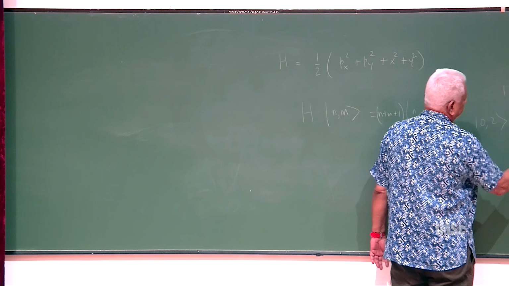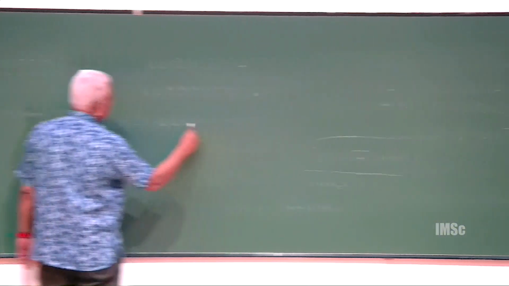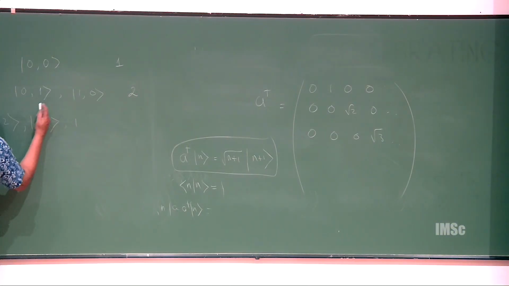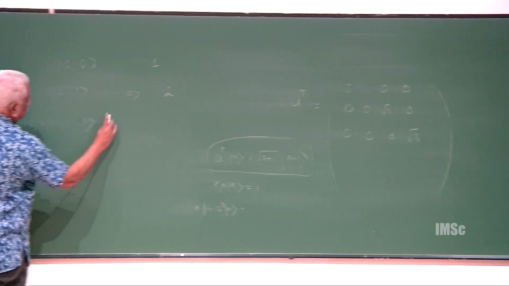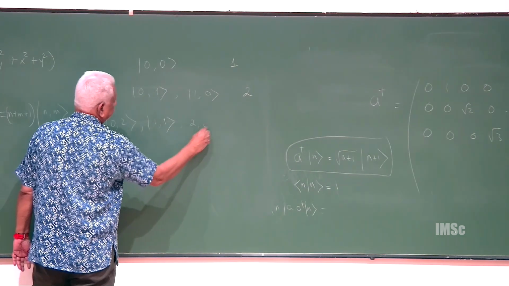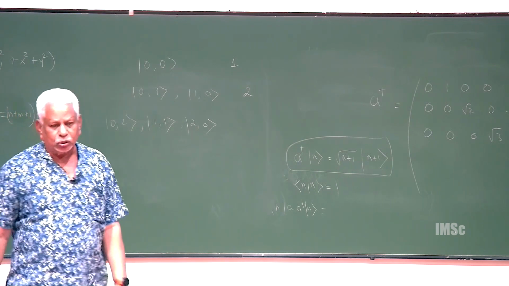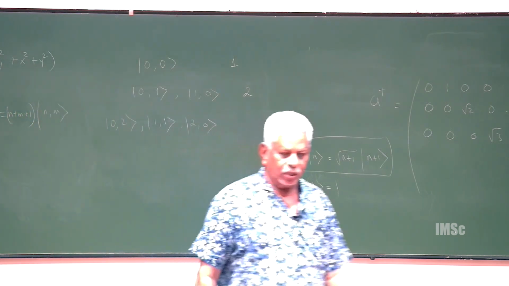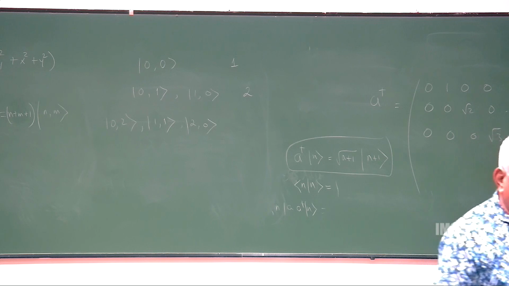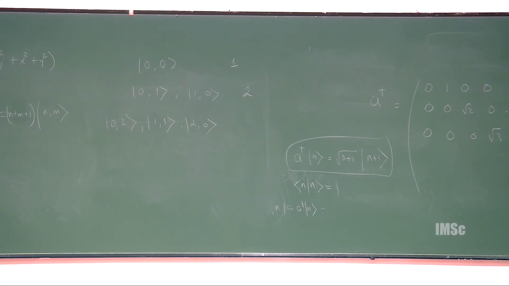You can have n is equal to 2, m is equal to 0; n is equal to 1, m is equal to 1; and n is equal to 0, m is equal to 2.